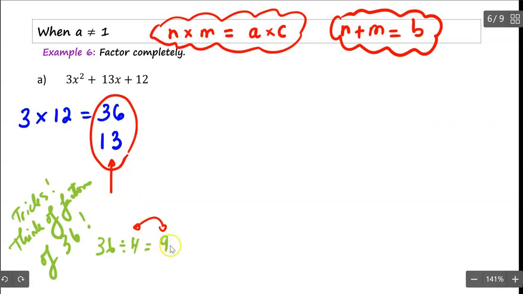So 4 plus 9 will give you 13. Okay, so if you have no clue where to go with all of these numbers, then the trick is to think of the factors of this number to see whether or not we can find the numbers that we want.